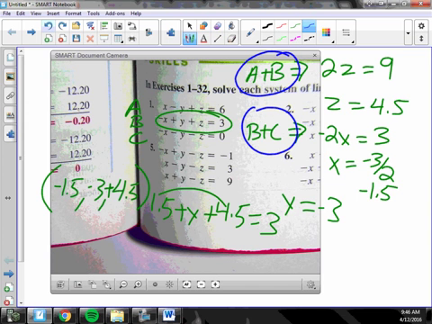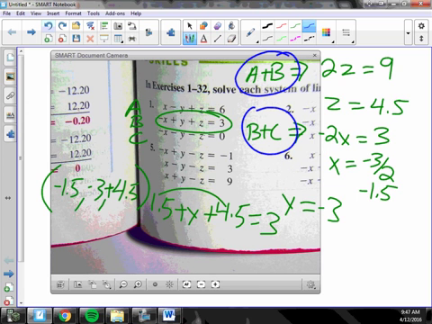So if you do A and B once, you don't want to do it again, because it's essentially the same information. It might look different, but mathematically it contains the same information. So you never want to combine two AB equations, because you're essentially creating a plane that is identical to another plane, and you're going to end up with infinite solutions, even though that's probably not going to be the case.